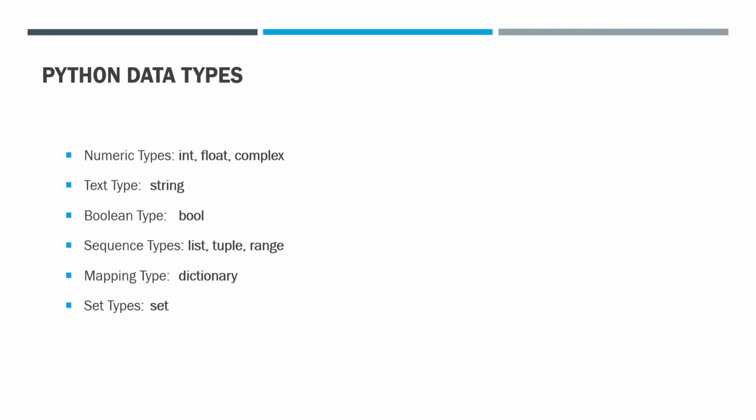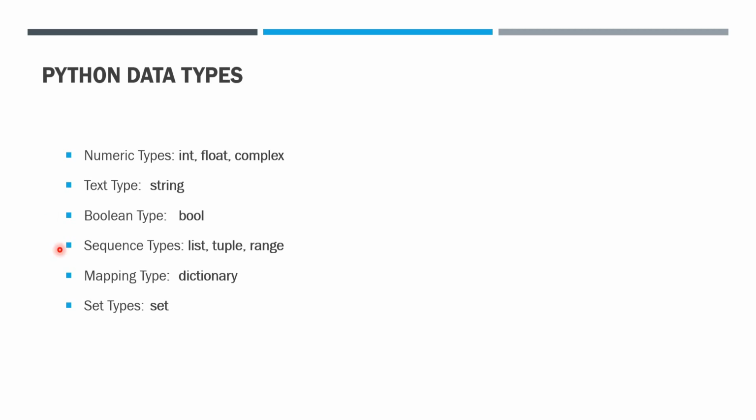We can categorize these into two kinds. First, numeric types, text type and boolean type. These are the data types which can hold a single value. That means one variable can hold one value at a time.